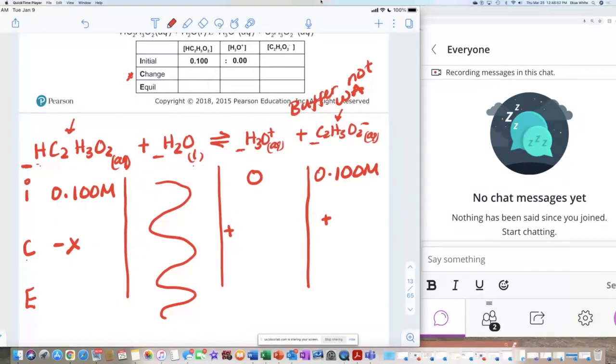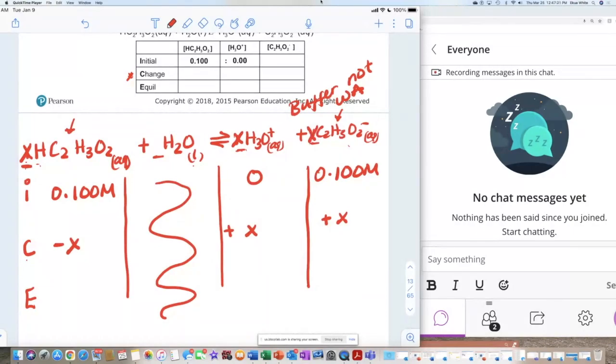And then for the product, based on the coefficient, x amount gets made, x amount gets made. Remember, the coefficients are 1 and 1 and 1, but instead of writing the number 1, we're writing x because we don't really know what the actual amount is. We're writing relative amounts. So if x amount reacts here, then x has to be produced here, x has to be produced here.